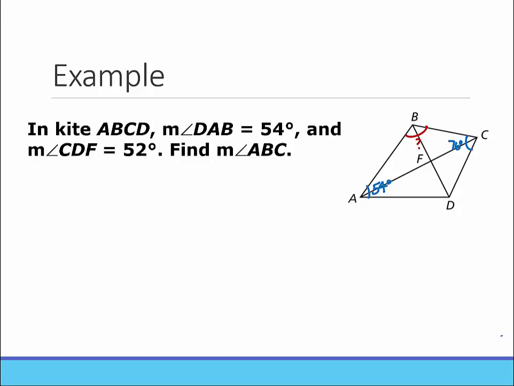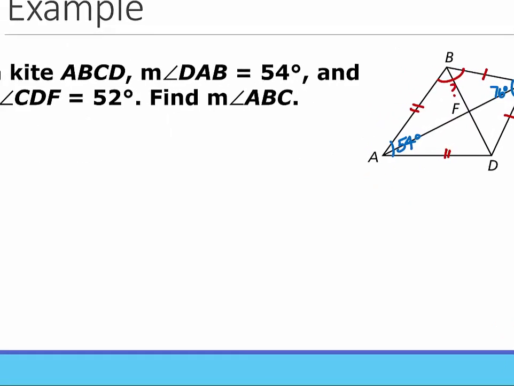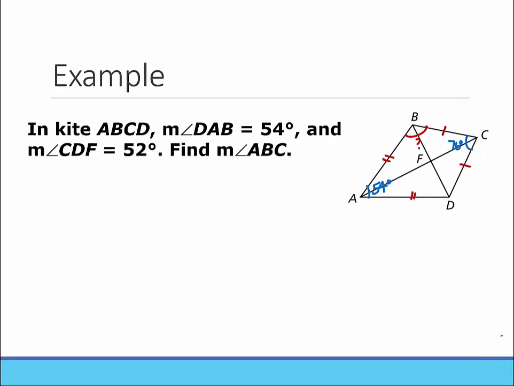Remember that we have opposite angles that are congruent, and they go in between the pairs of sides that are congruent. So I know that this angle up here, ABC, has to be exactly the same as this angle down here, ADC. And then I can use the fact that in every quadrilateral, the interior angles add up to 360 degrees.